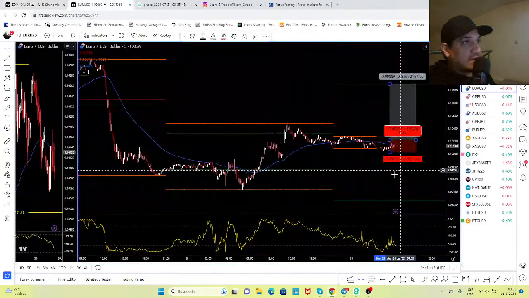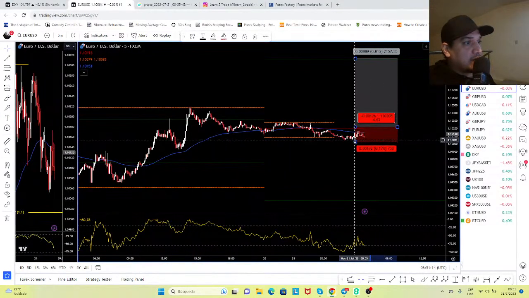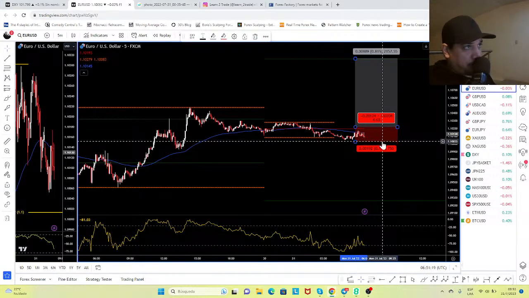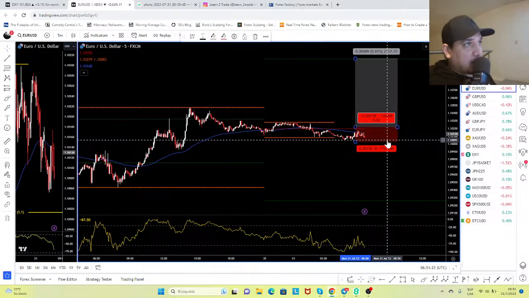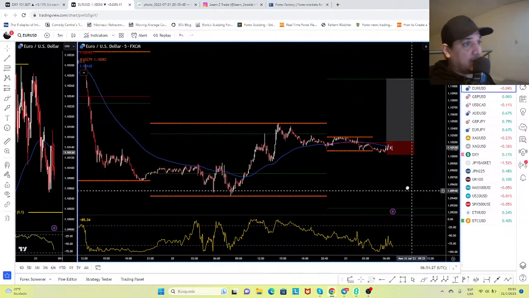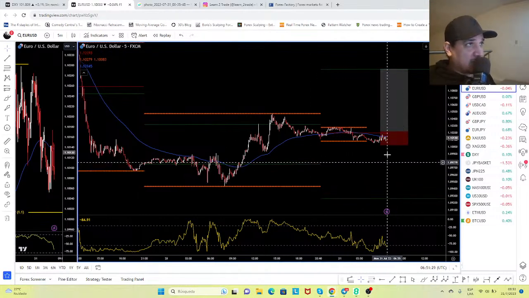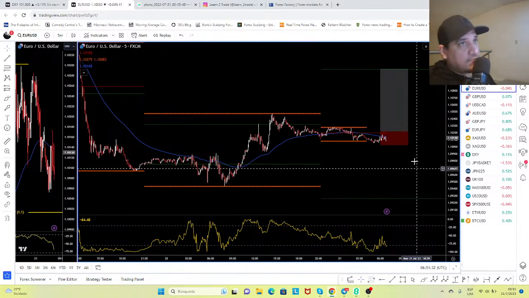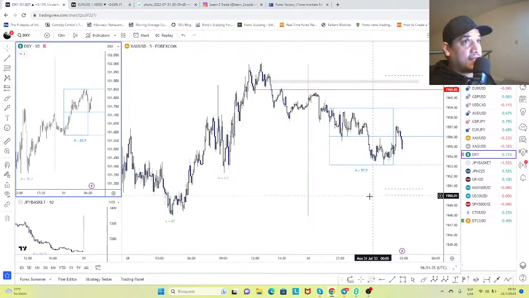So if the price on the Euro US dollar breaks these lows, then my trade idea is invalid, and I'm on a zero loss because I never got triggered. We never enter at market. There's a ton of things that need to happen in order for me to enter an F1 strategy trade. So I'll show you that later.